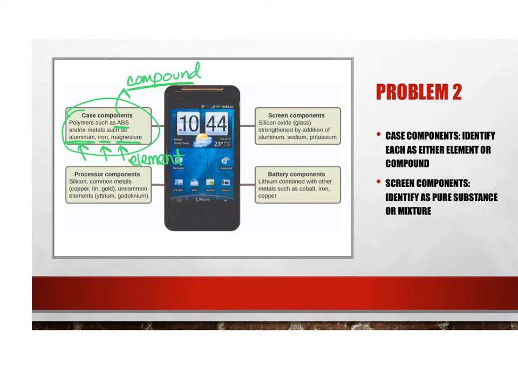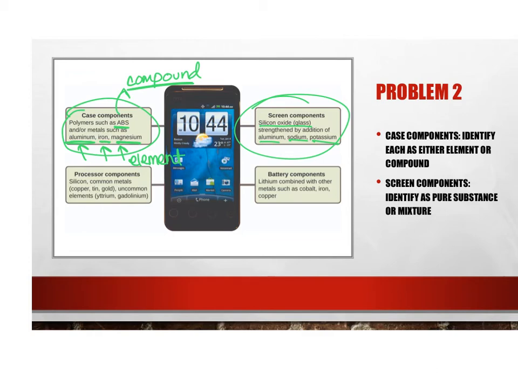Second part of the question says to look at the screen components, which is right here, and identify as pure substance or mixture. So let's identify each of the parts. We have silicon oxide, which can also be known as silicon dioxide. And then we have aluminum, sodium, or potassium. So we want to know if it's pure or a mixture. So looking at silicon dioxide, that's actually the name of a compound.